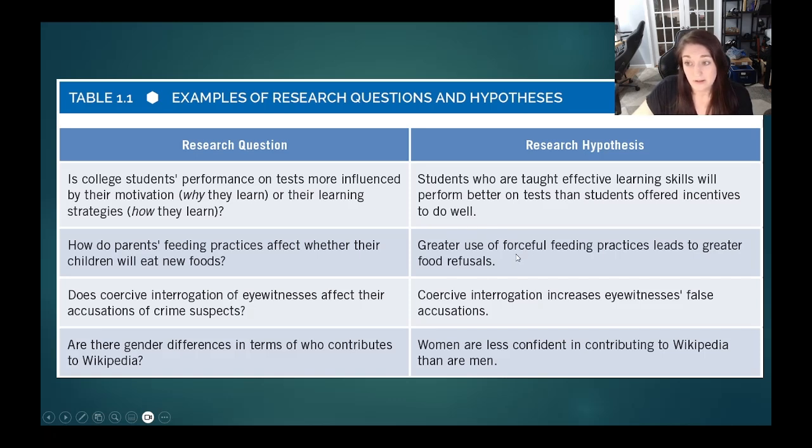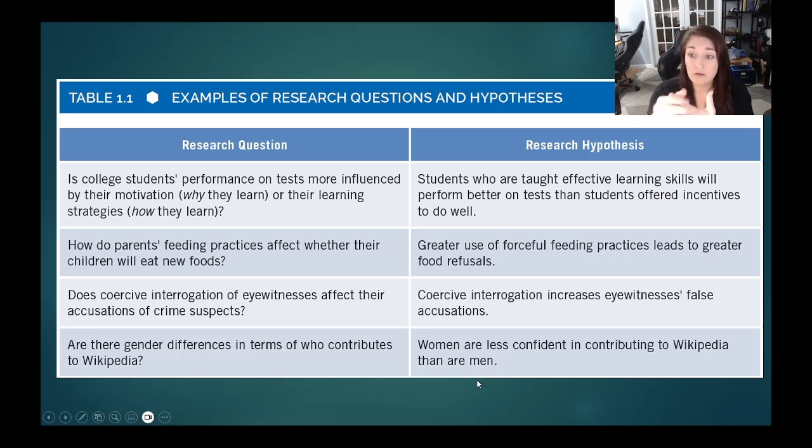For number 2, they hypothesize, so this is a statement about variables that can be tested: greater use of forceful feeding practices leads to greater food refusals. The third one, after doing all of their research, they hypothesized that coercive interrogation increases eyewitnesses' false accusations. And then for the 4th research study, their hypothesis was that women are less confident in contributing to Wikipedia than men. Okay?